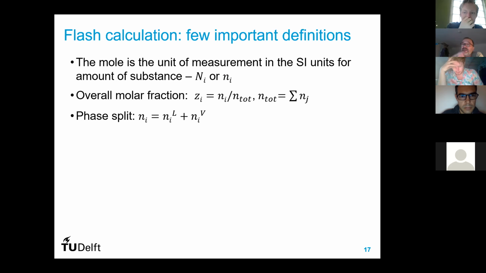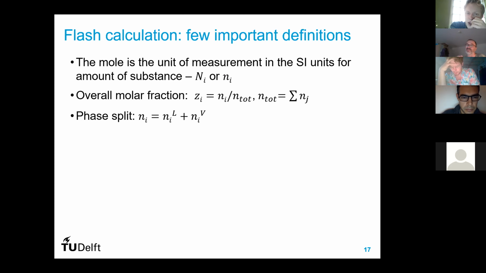Now, if it can form two phases, and we only look into the two-phase case, then these molecules will be split between liquid and vapor. So you're mixing your components, you have vapor and liquid, but in the vapor, you still have some of the heavy molecules that otherwise, if you wouldn't mix them, would be liquid.